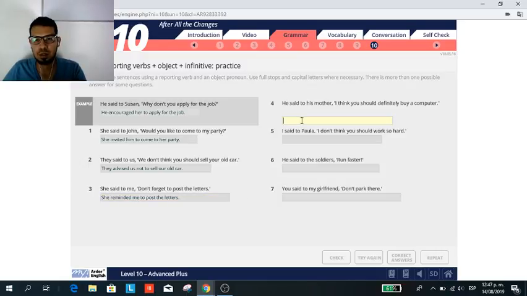He said to his mother, I think you should definitely buy a computer. He advised her mother. Okay, no. She advised her, because we're using object pronouns. She advised her to buy a computer. I was gonna type new computer, but a computer. Next, I said to Paula, I don't think you should work so hard.